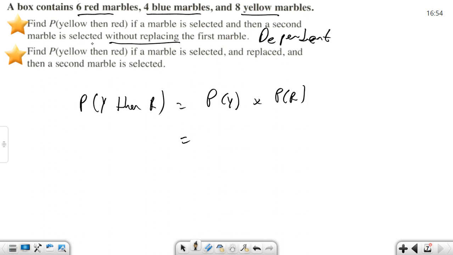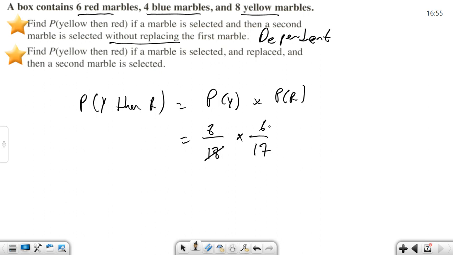What is the probability of yellow? It's 8 over 18. Multiply by, because you are not replacing, the total will change. Probability of red, I didn't change the number of red because I drew a yellow. Now 6 over 17, because I drew a yellow and didn't replace it, 18 changed to 17.